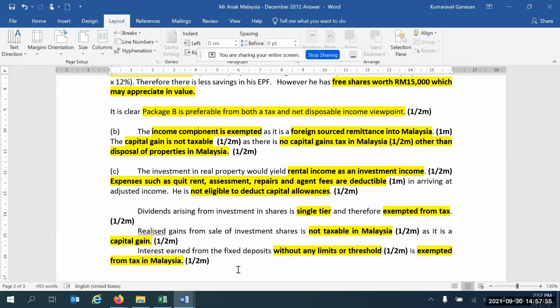Even for non-resident, yes, provided you don't have a place of business in Malaysia. Now this type of question is very rare. Once in a while they come out. After Anak Malaysia, there are other examples. If I'm not mistaken, there are two more inside here.